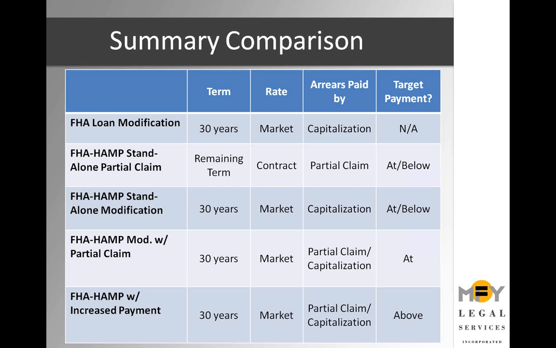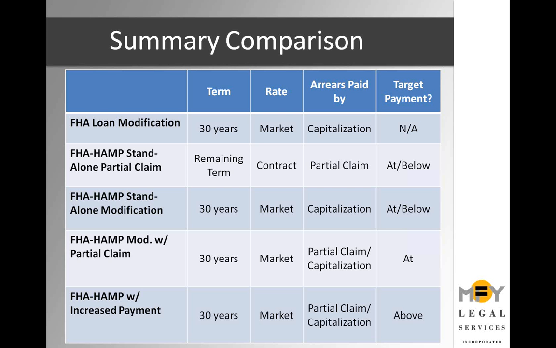So all that the FHA loan modification is doing is looking to decrease the payment by a bit, 10% and $100. The FHA standalone partial claim, the term of that is just the remaining term on the loan. The loan itself remains unmodified. The rate is the contract rate, so just whatever is provided for in the contract. So if you had an adjustable rate before, the borrower will still have an adjustable rate. If they had a fixed rate before, it'll still be a fixed rate.